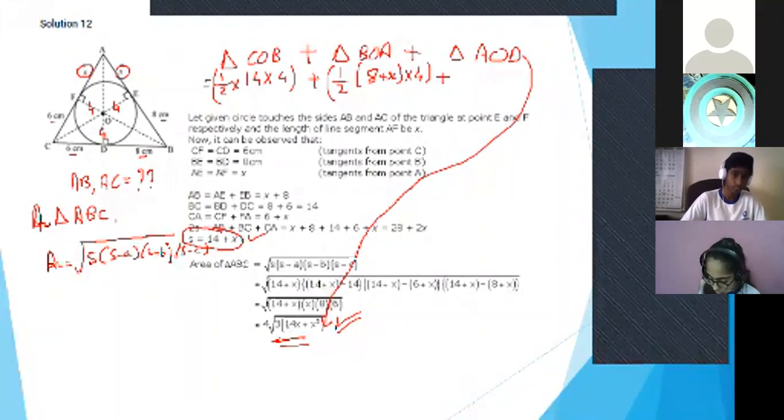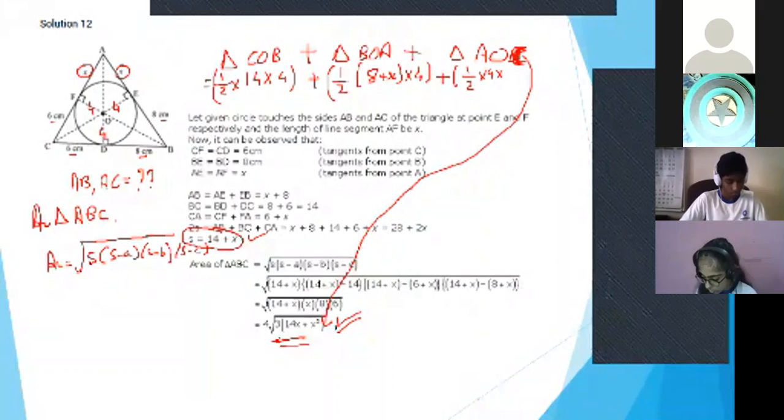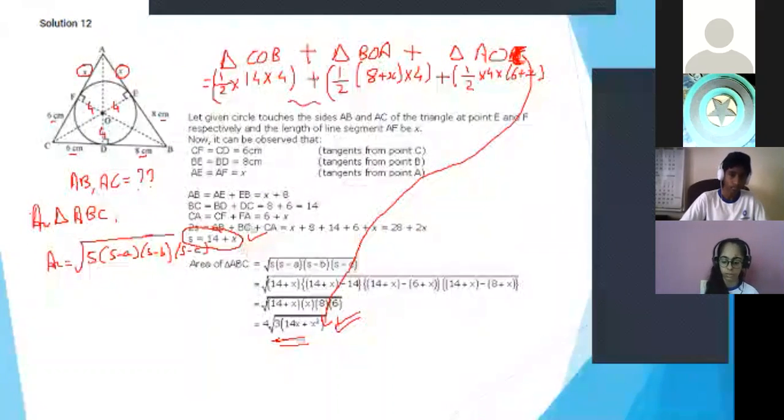Again, plus half of AOC. Not AOB, AOC. So half into 4 into 6 plus x. Add up all of this and equate it to this. That is the equation formation.